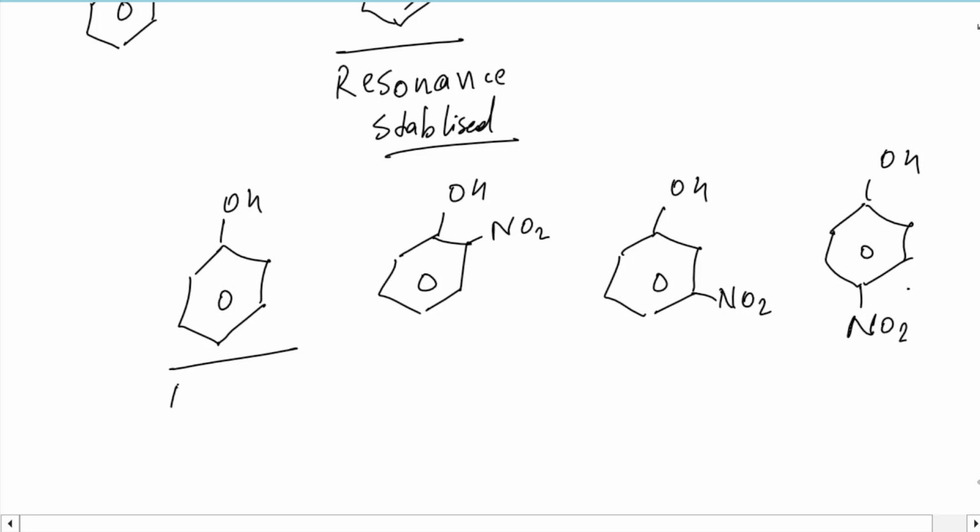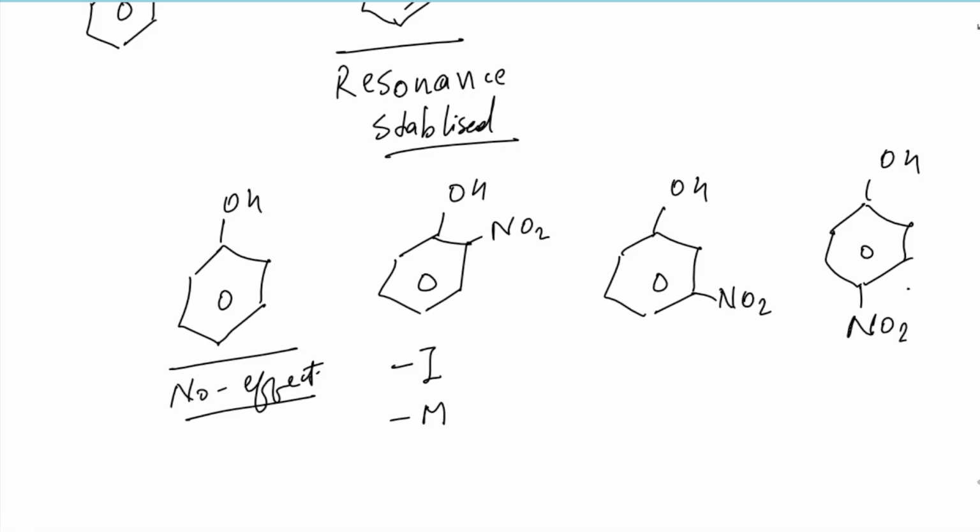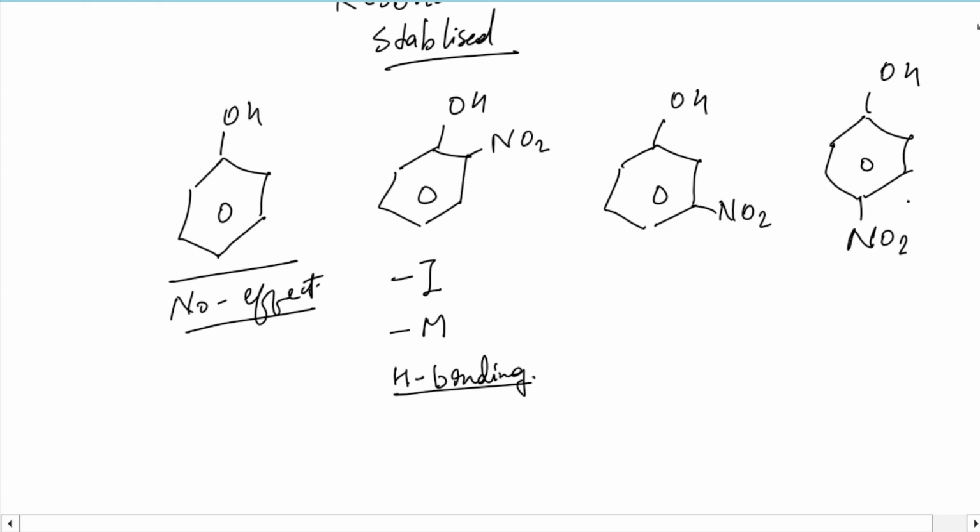What we observe here is in case of phenol there is no effect, and in case of orthonitrophenol there is a minus I effect, a minus M effect, and there is hydrogen bonding also present here, which is intramolecular, that's within the single molecule only. And in case of metanitrophenol, it's only minus I.